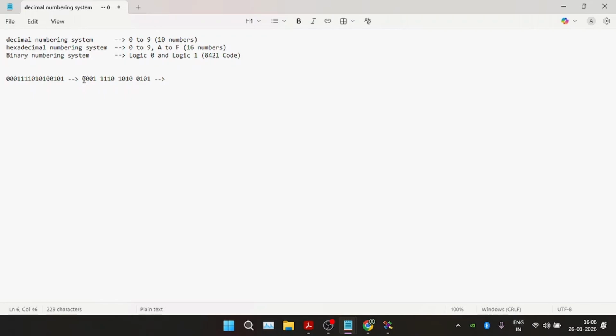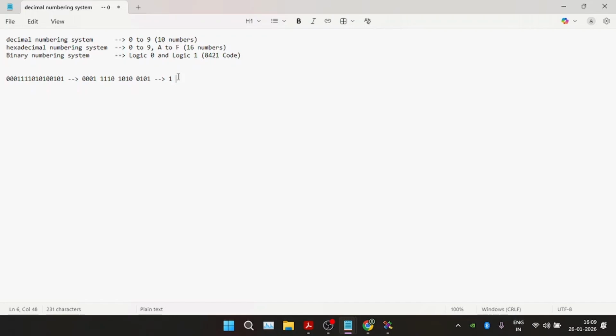Now, in the first group, since only the last bit is activated and all the other bits are 0, this represents 1. In the same way here, 8421: 8 plus 4 plus 2, that is 12 plus 2, will give us 14.